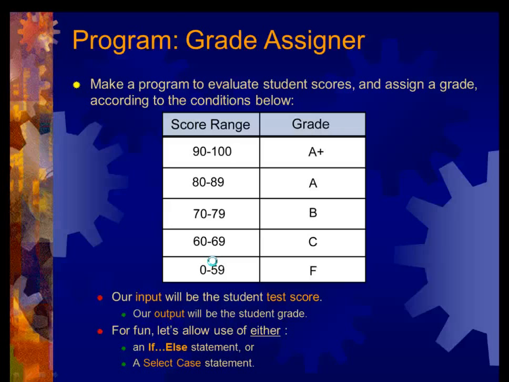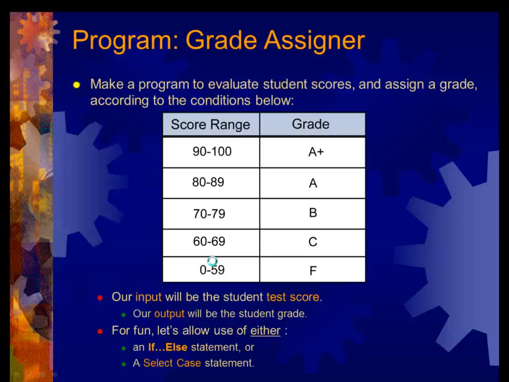We can't write in Visual Basic, you can't write score is between. You know how you write between in math, right? Score is less than A and greater than B or something like that. In math you can write that in a single line, but you can't do that here. How do you do between in Visual Basic?